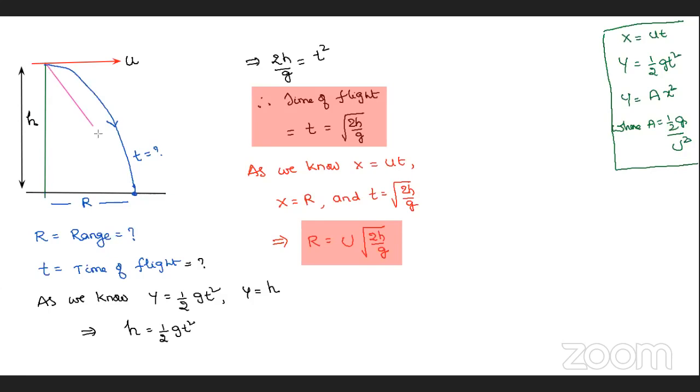Look here, this is the angle of elevation with the horizontal. Suppose you take it as some phi.